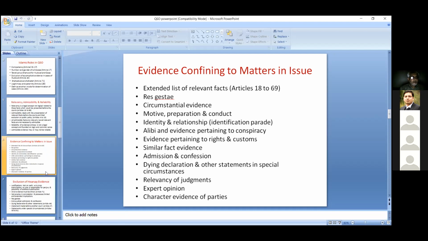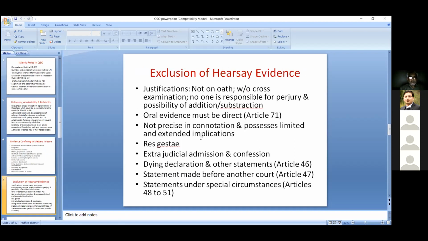Now coming to the exclusion of hearsay. The second principle was relating to the exclusion of hearsay evidence. Why is hearsay evidence excluded? There are some generic explanations to this in this context.